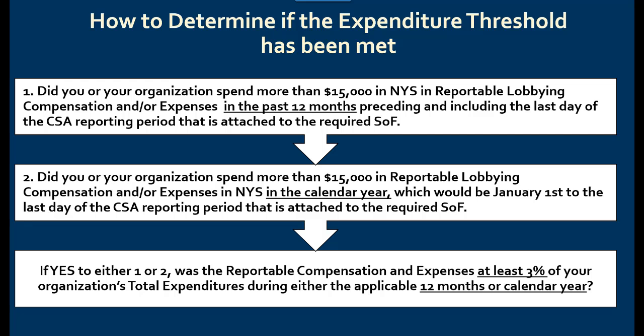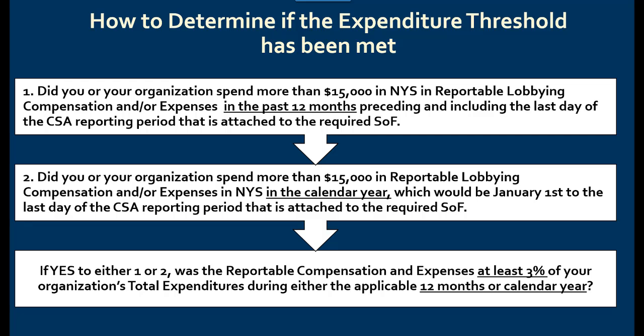The client filer should ask the following questions. 1. Did you or your organization spend more than $15,000 in New York State in reportable lobbying compensation and/or expenses in the past 12 months, preceding and including the last day of the CSA reporting period that is attached to the required source of funding? 2.